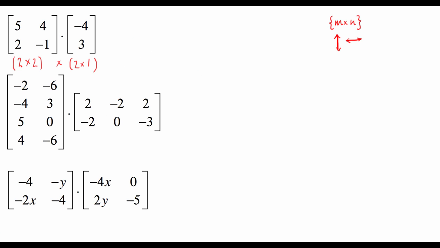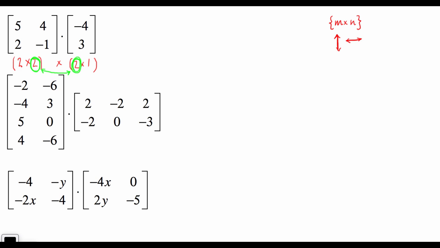To figure out if the matrix multiplication is at all possible, the columns of the first matrix, and the order is important, so the second number of the first matrix, have to match the rows of the second matrix. So the inside numbers of our dimensionality have to match.